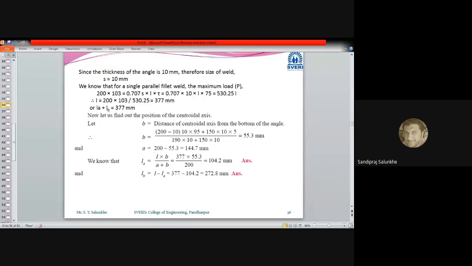Hello, in between somebody is sharing or unmuting himself. Gnaneshwar, hello. Please do not unmute yourself unless I ask you to unmute. Now, Gnaneshwar, can you unmute yourself? Yes, sir. Right now you are unmuted.